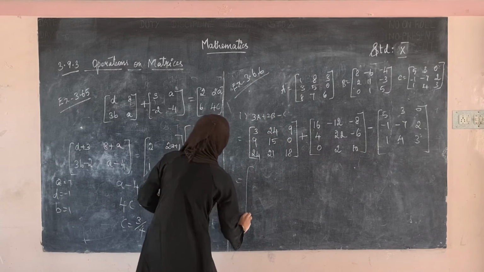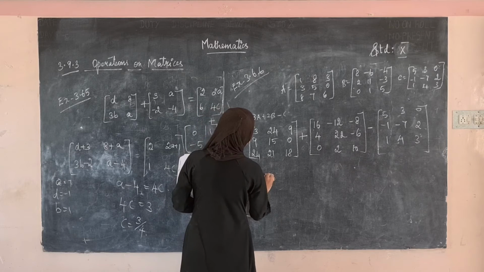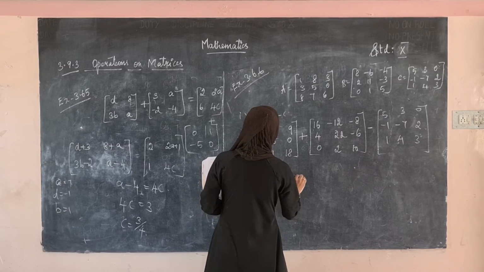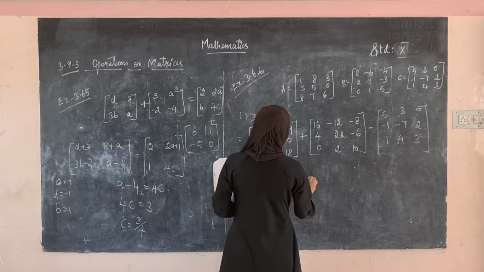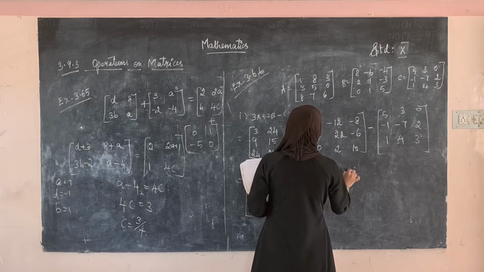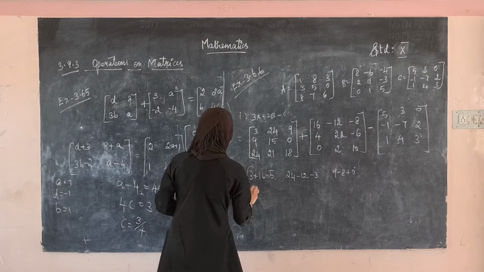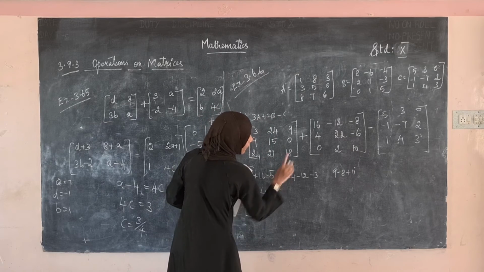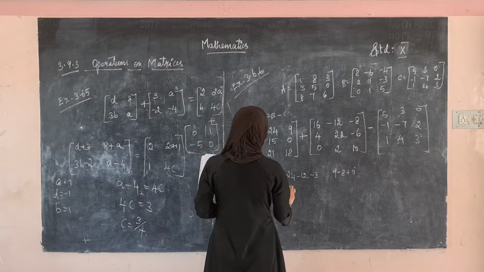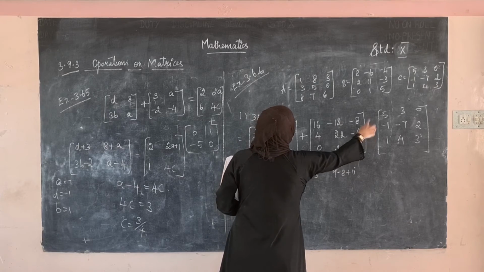So, now first term 3 plus 16 minus 5. Next term is 24 minus 12 minus 3. Next term is 9 minus 8 plus 0 or minus 0. Either it will be 9 plus 4 minus of minus 1 is plus 1. 15 plus 22 minus 7.